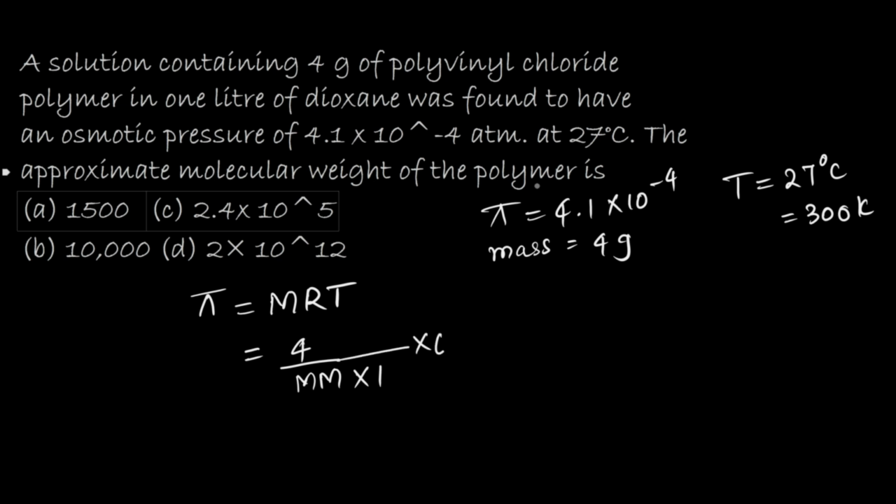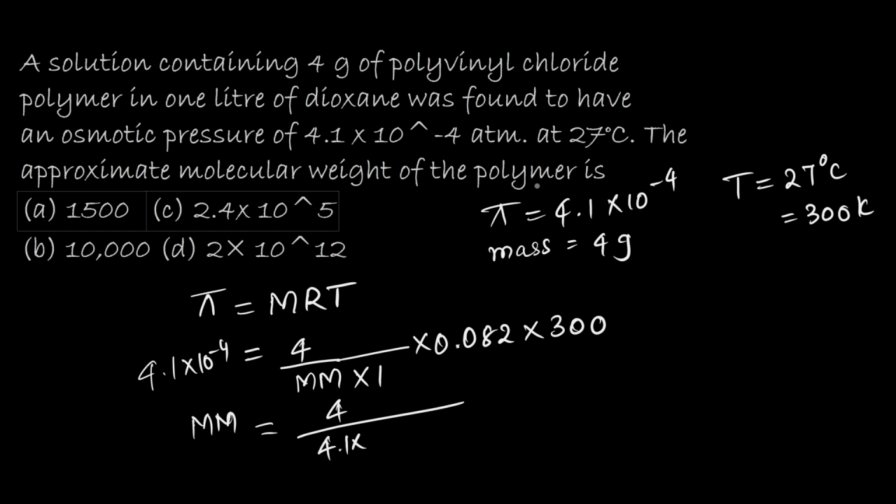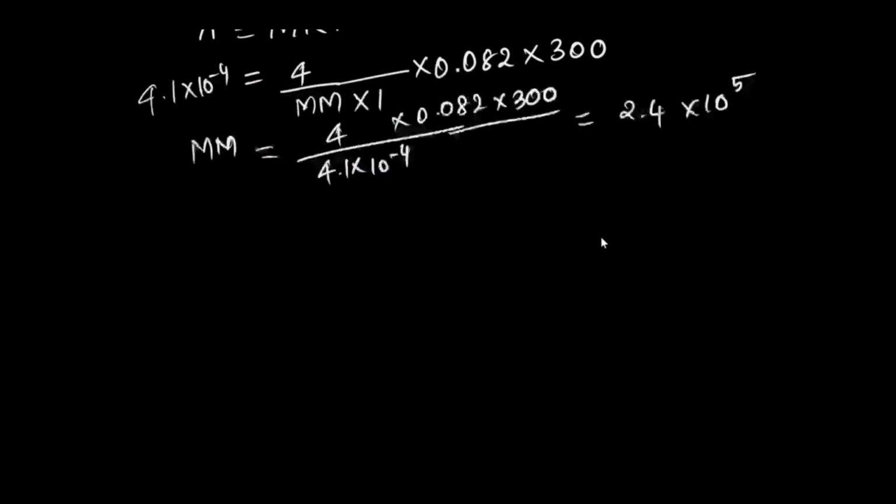Then the R value, that is 0.082, temperature 300. I'm going to substitute the pi value as well, 4.1 into 10 to the power minus 4. So molecular mass is 4 divided by 4.1 into 10 to the power minus 4 into 0.082 into 300. So we end up getting 2.4 into 10 to the power 5. Option C is the right answer to this question.